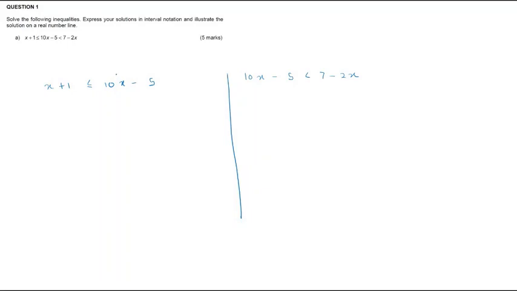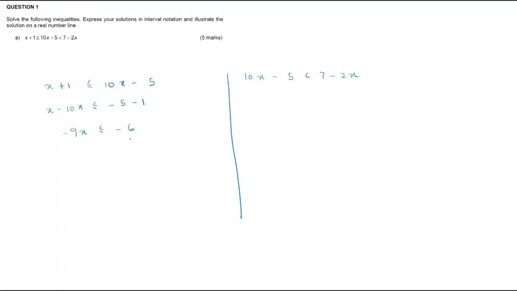Okay, let's solve the first part. Bring 10x to the left and 1 to the right. x minus 10x less than or equal to negative 5 minus 1. x minus 10x is negative 9x, less than or equal to negative 5 minus 1, which is negative 6. Now we bring negative 9 to the right, and because the operation here is multiplication, it will be division.